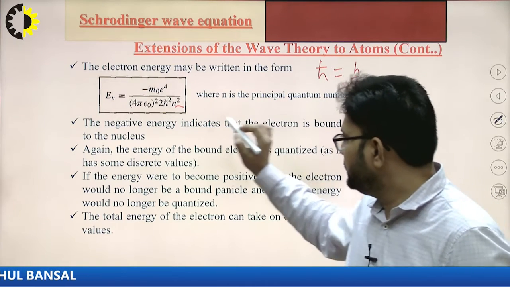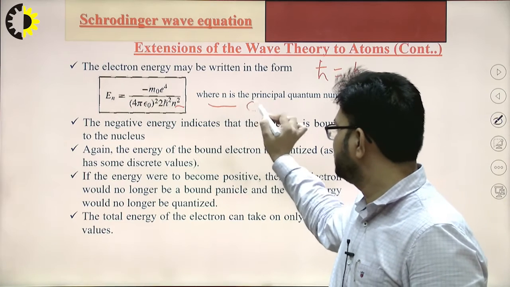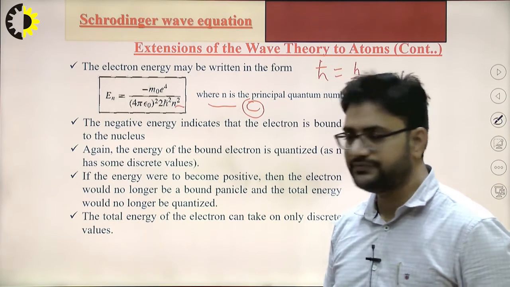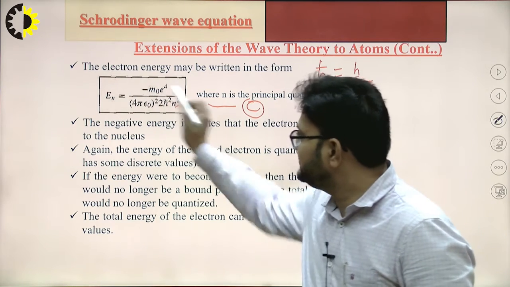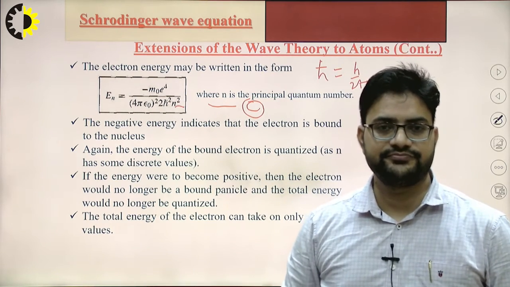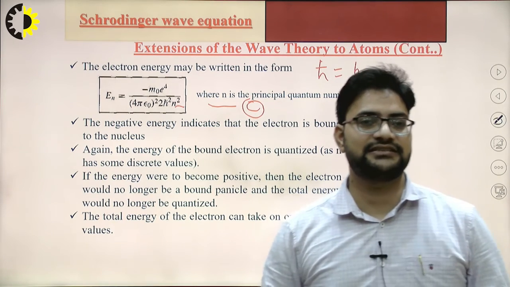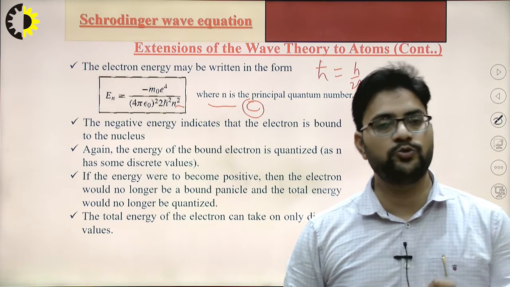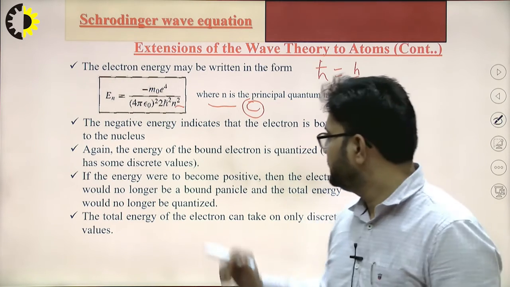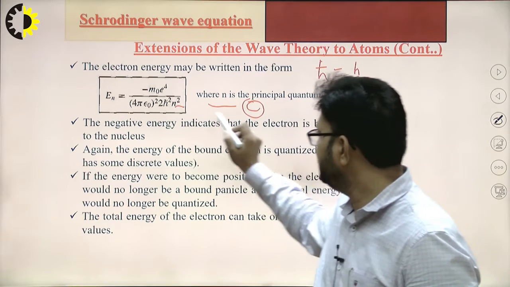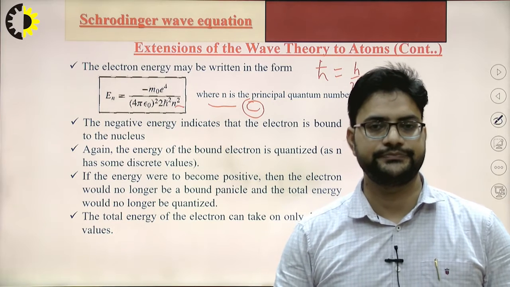If you see carefully this equation, this energy is actually negative. This negative energy indicates that the electron is bound with the nucleus. And here n is called the principal quantum number.